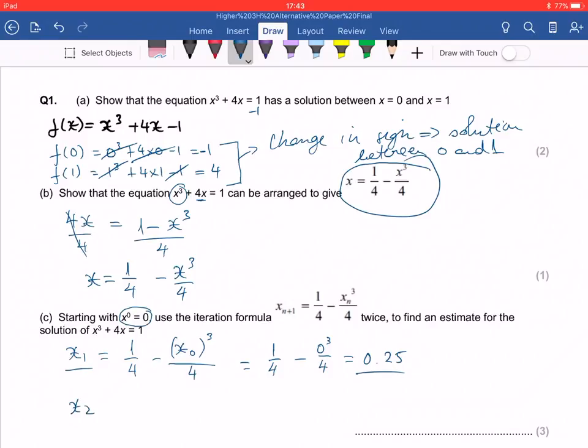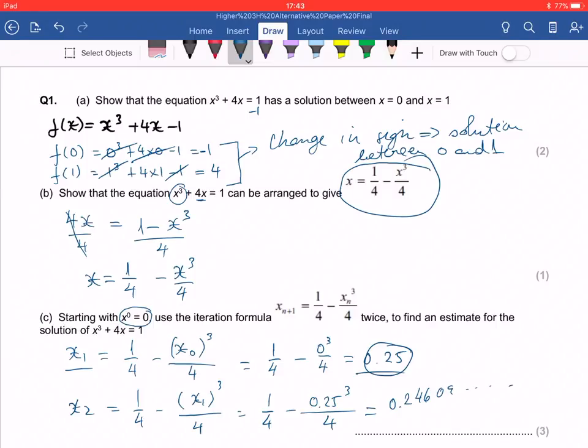And to work out x2, same story. I'm going to do a quarter minus the previous term, which is x1. Have to cube it, divided by 4. So I'm doing a quarter minus, remember my previous term was 0.25, I have to cube it, then divide by 4. I type that in my calculator and I'm going to get 0.24609, on and on.